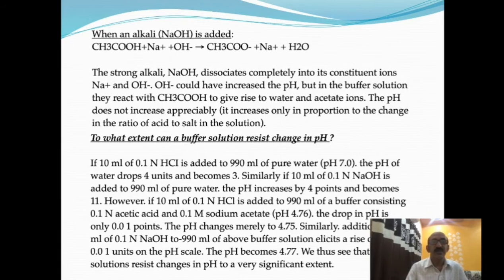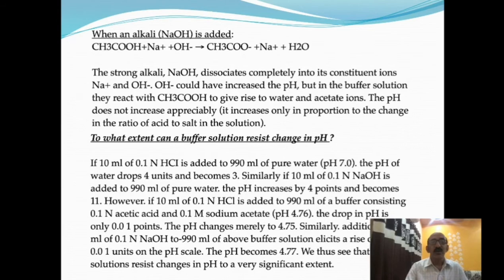It partially dissociates. But when you add strong alkali to acetic acid, the H plus ion liberated from the dissociation of the acetic acid, which gives CH3COO minus, combines with the OH minus ion which comes from the sodium hydroxide. Therefore, H plus and OH minus ions combine to give H2O. In this way, there is formation of CH3COO minus plus Na plus H2O.